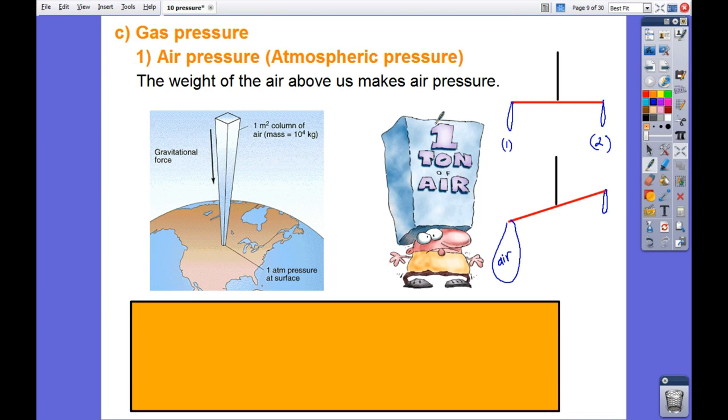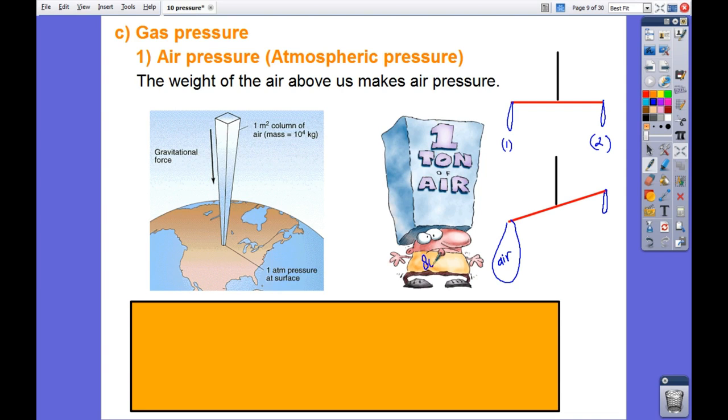The question is, why do we not feel it? Why do we not feel the air pressure on our body? Is there any answer for that? Okay, I'm going to remind you again. 80% of our body consists of water. That's right.